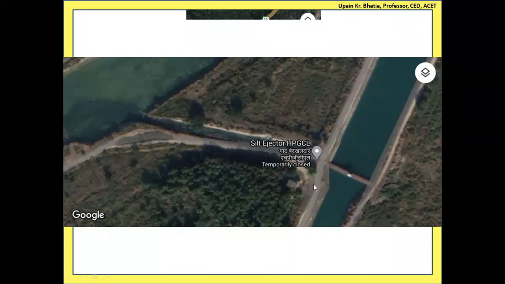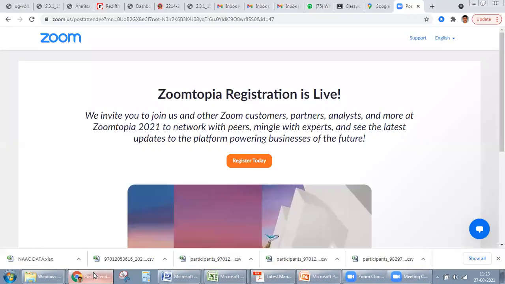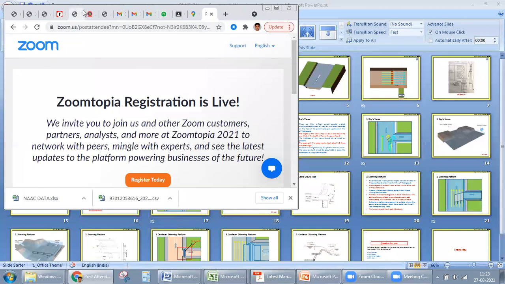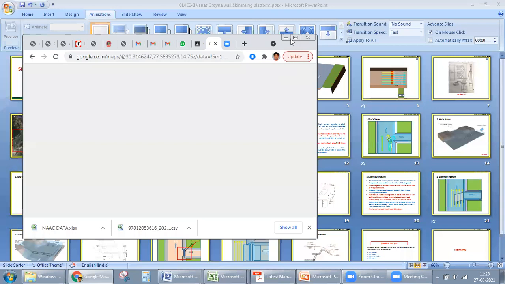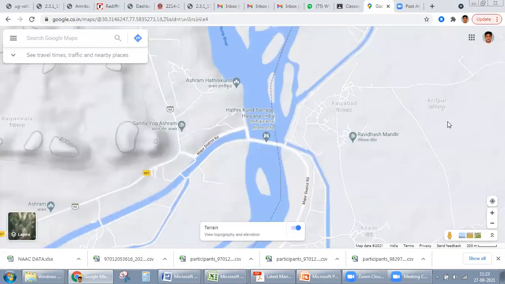And I just want to show you something. So this is basically a Google map view.